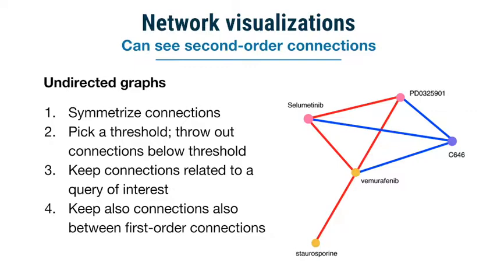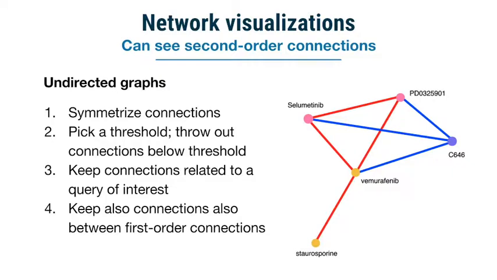And similarly, Vemurafenib connects negatively to this compound C646, which connects negatively to the things that Vemurafenib was positively connected to. So all this is consistent. And then you've got some other connections to Spearman sort of far out by itself. But it allows you to zoom in on some compound of interest and get a quick glance of its neighborhood, what compounds it connects to, and whether those compounds are consistent with each other.